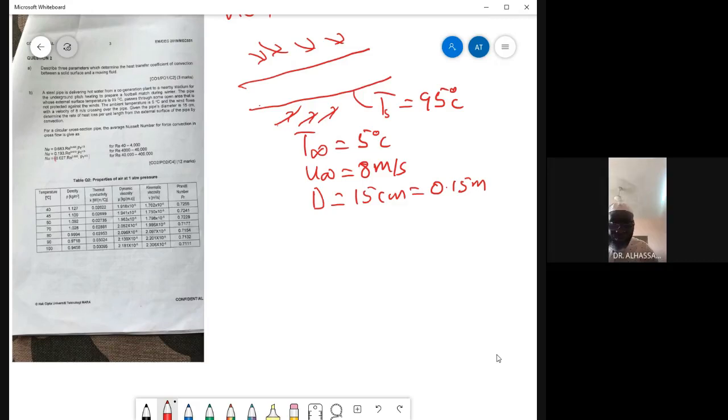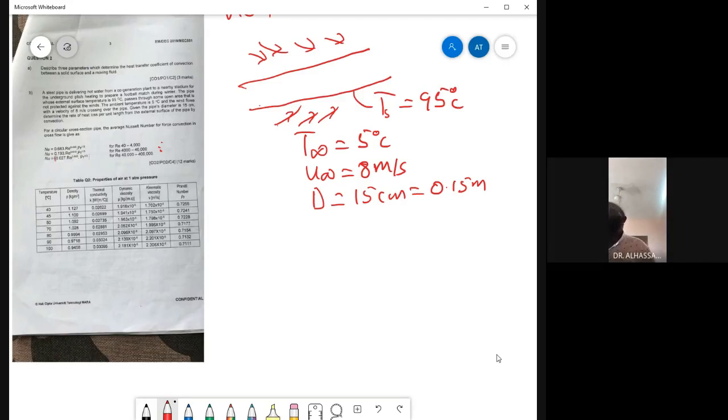Now for a circular cross section, the average Nusselt number for forced convection in cross flow is given below. You see, these are the individual Nusselt numbers depending on the flow situation, depending on the Reynolds number. You understand me? So this is a forced convection.